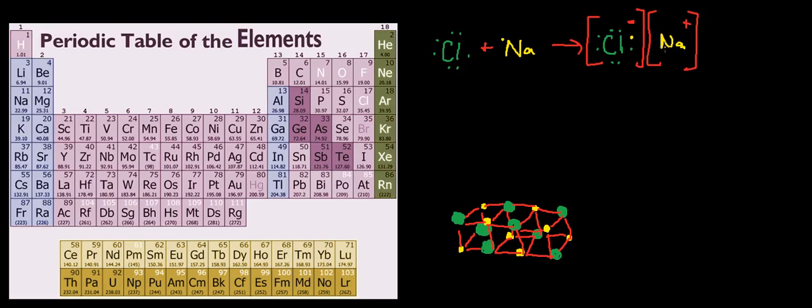But this existence is slightly more stable than it would be if each anion and cation were just existing independently on its own. So that is why there is an ionic bond.